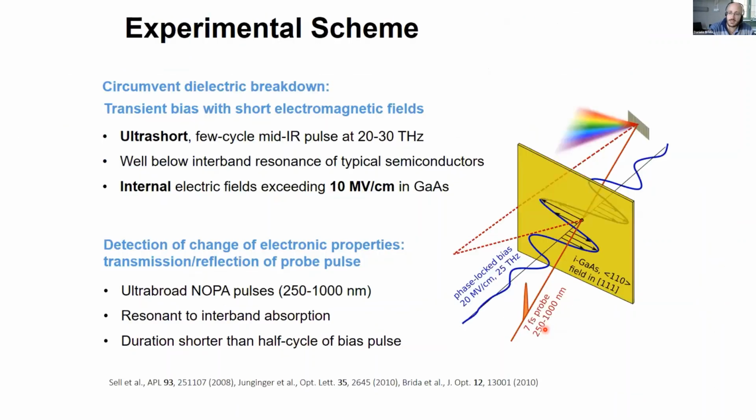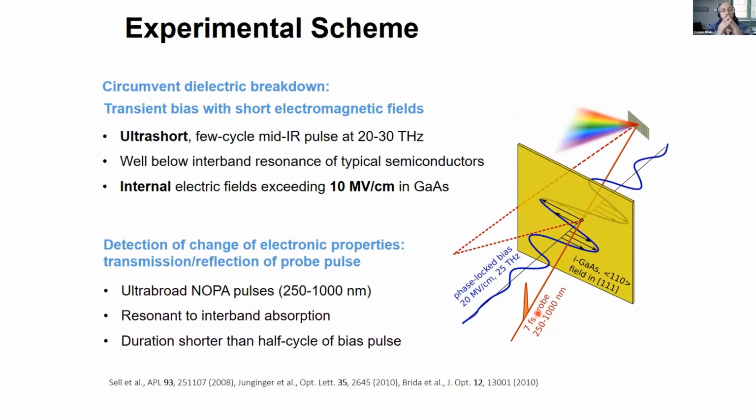We did that experiment by illuminating a sample of gallium arsenide at 10 microns, 20 to 30 terahertz, and probing resonant to the transition of gallium arsenide, that is 800 nanometers, with a pulse that is much shorter than the optical cycle duration.